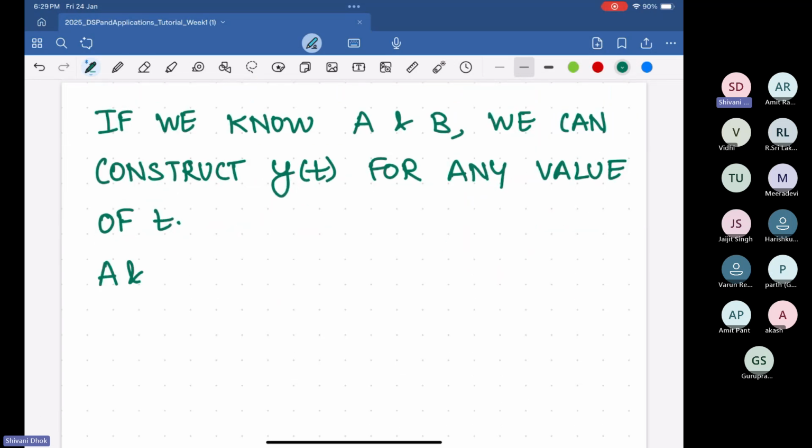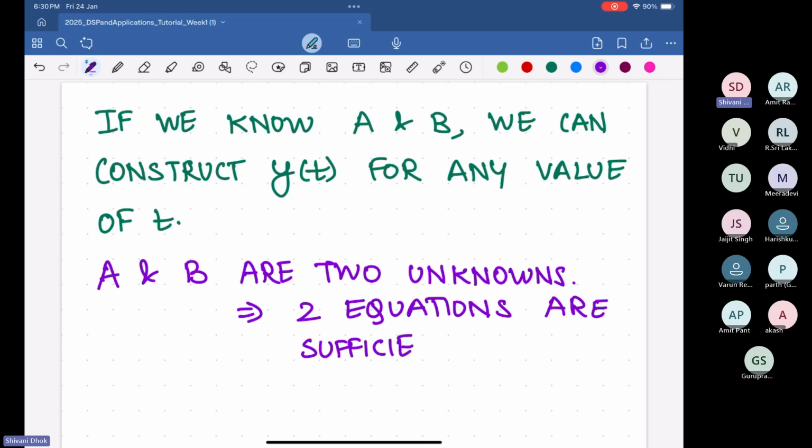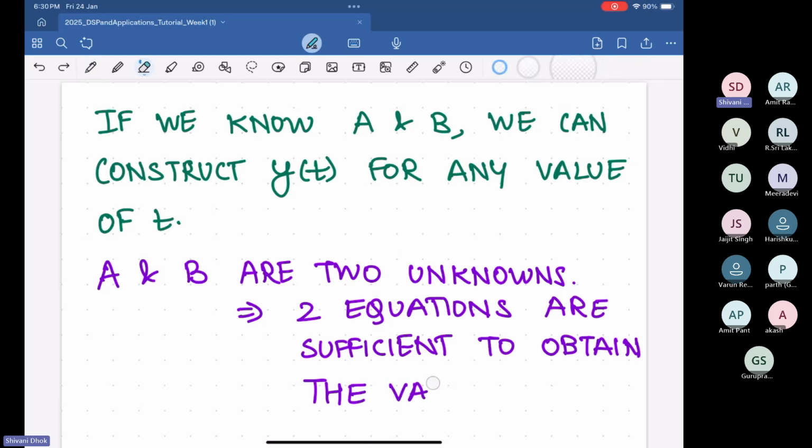So this A and B are two unknowns, which means two equations are sufficient to obtain the values of A and B. Okay.